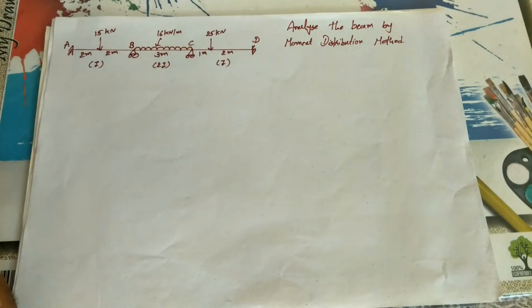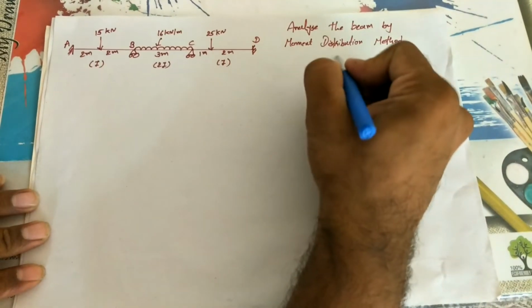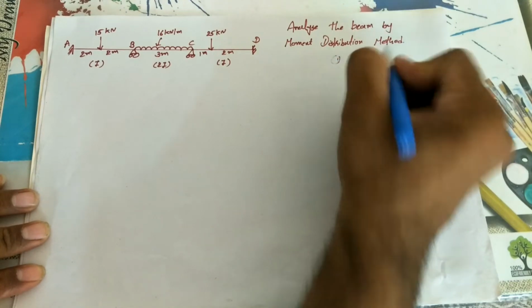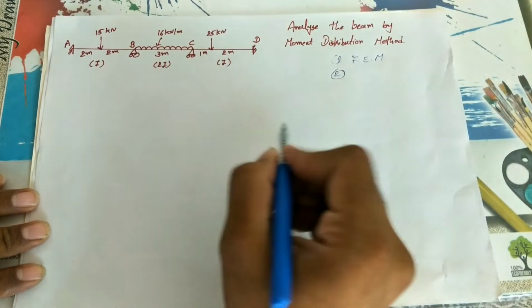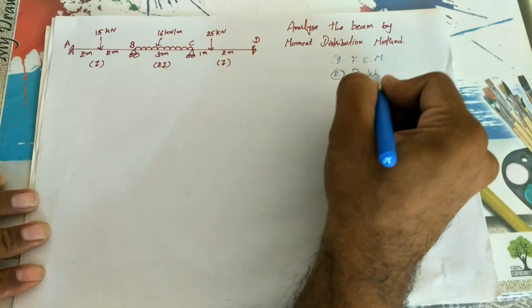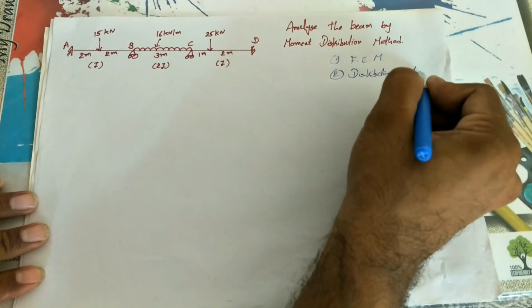As we know, there are 3 steps to solve this. First, find the fixed end moments. Second, calculate the distribution factors.